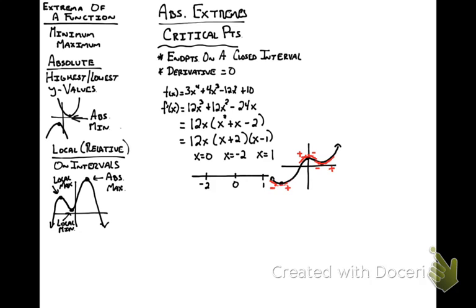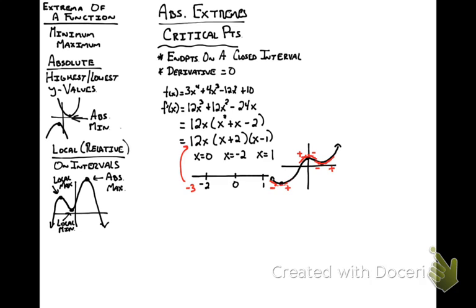What's going on with the value of the derivative before negative 2, between negative 2 and 0, between 0 and 1, and after 1? The way we do this is I'm just going to pick a value, like negative 3, and plug it into the derivative. All I'm interested in is the sign of the derivative's value at negative 3.